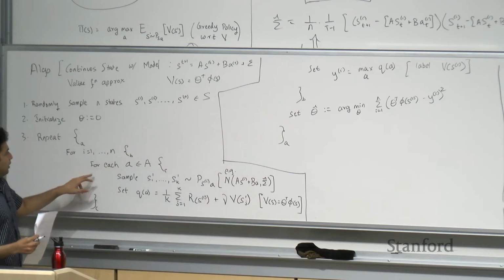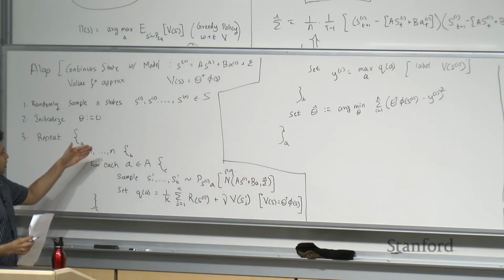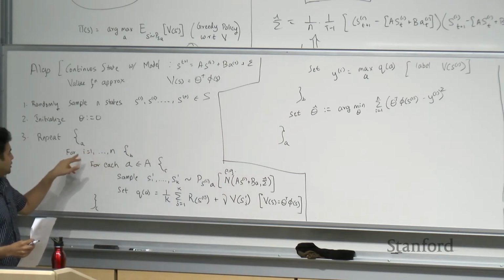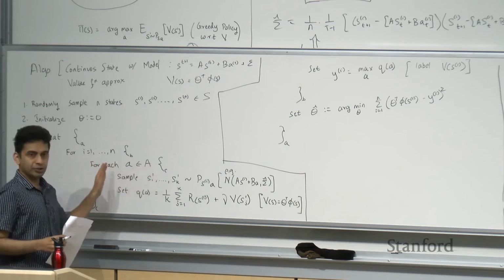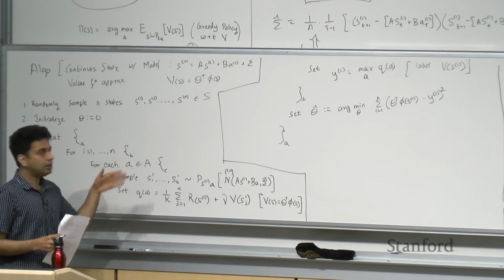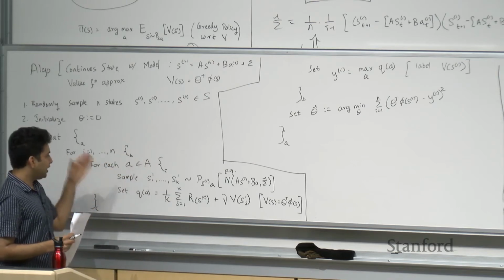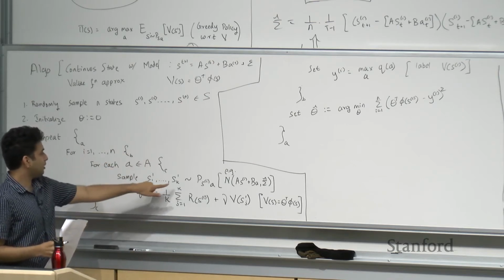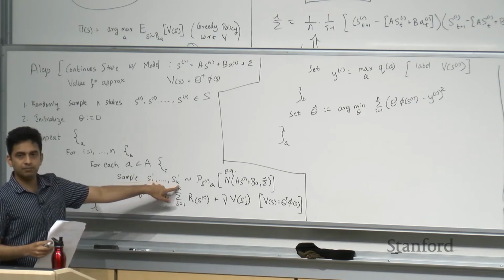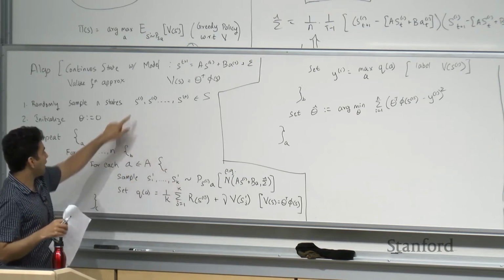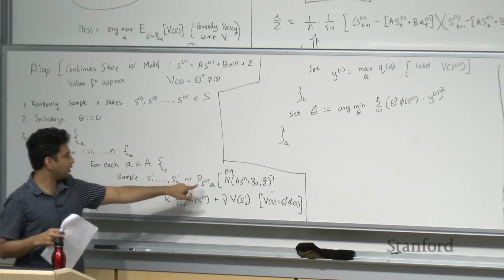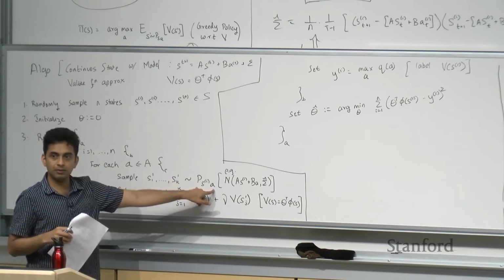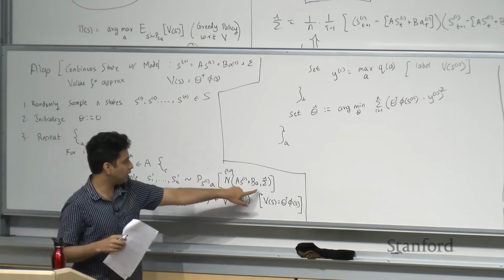And the way we go about doing that is for each s_i, take all the possible actions starting from s_i, and for each action we sample k next states. So for each s_i and action we get k next states sampled according to the transition, right? And for this transition we are going to use the learnt model.